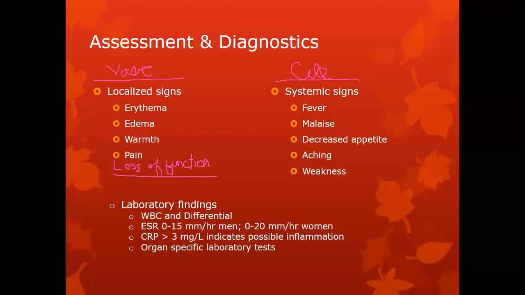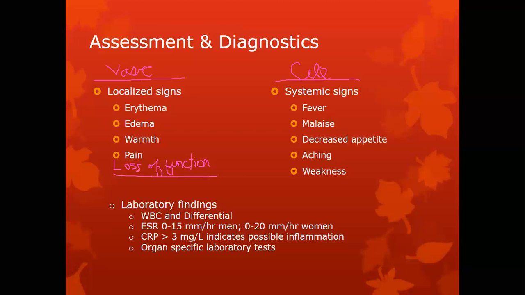And then let's look at some specific labs. Your ESR is your erythrocyte sedimentation rate. It measures the rate that the red blood cells separate from the plasma and fall to the bottom of the test tube. The faster it settles, the higher the number of cells.